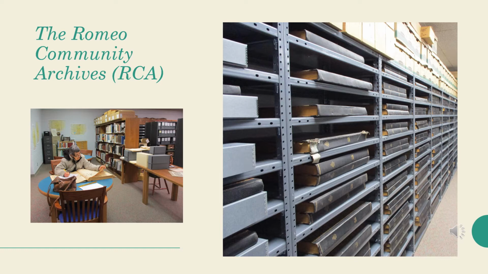In the photo to the right, you can see part of the Joan D. and Melvin E. Blake collection, which features the Romeo Observer. It was a local newspaper that was published from 1866 to 2015.